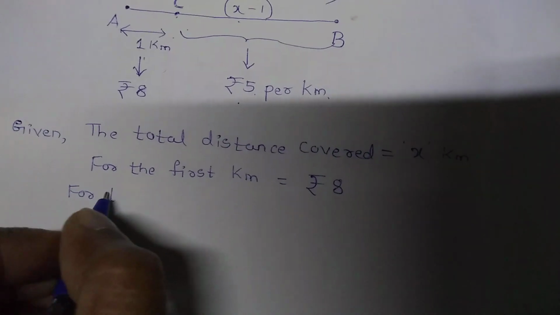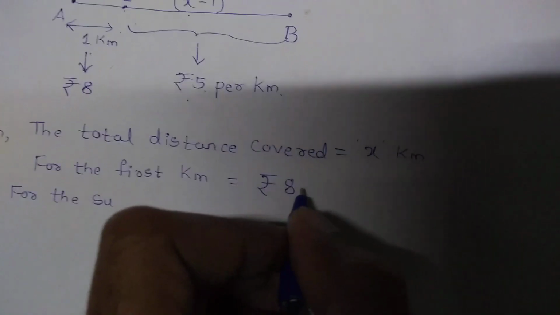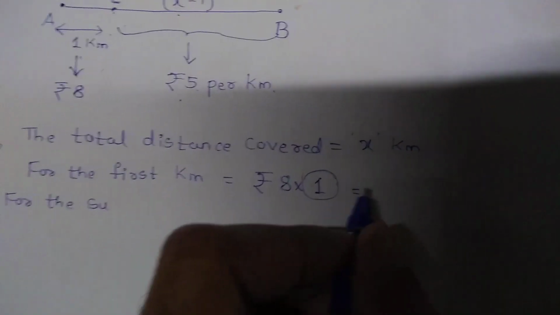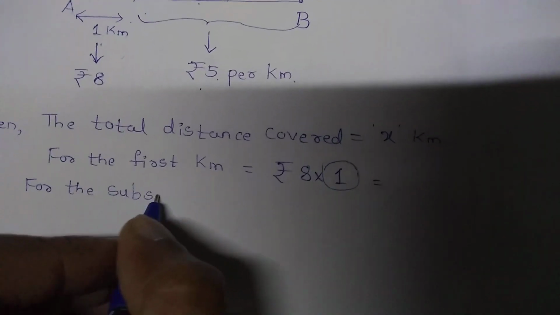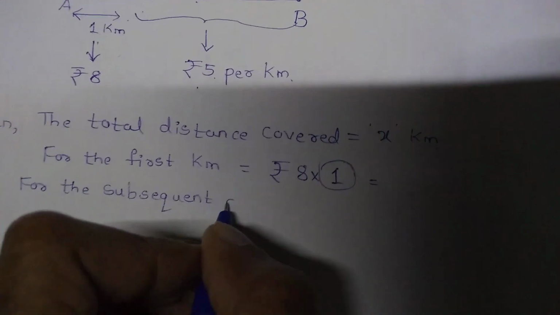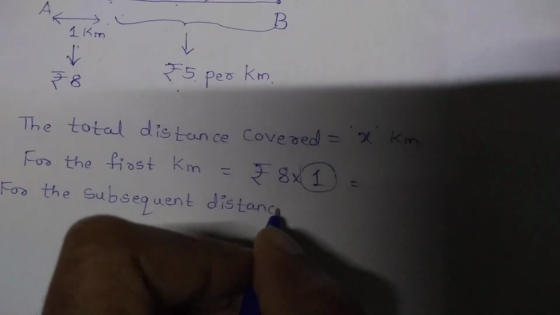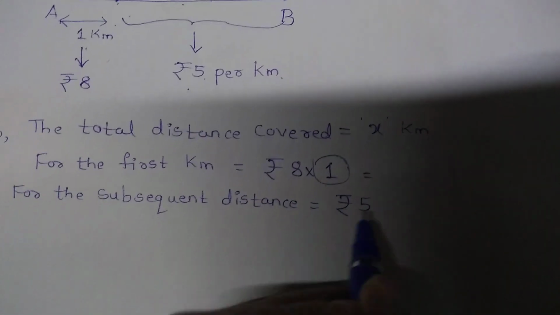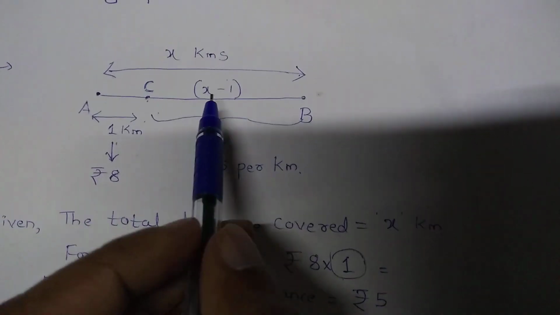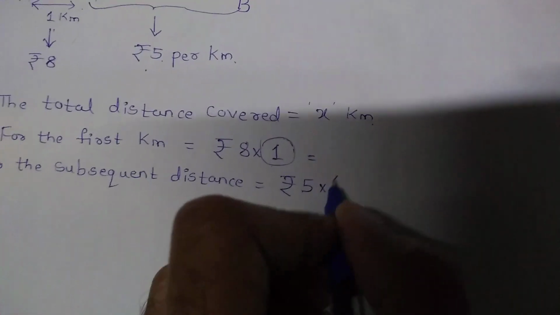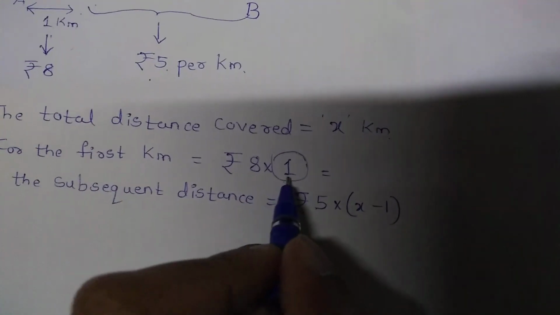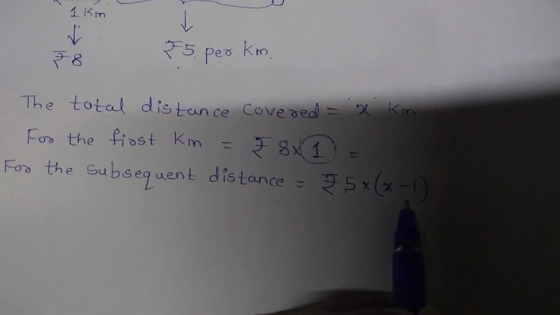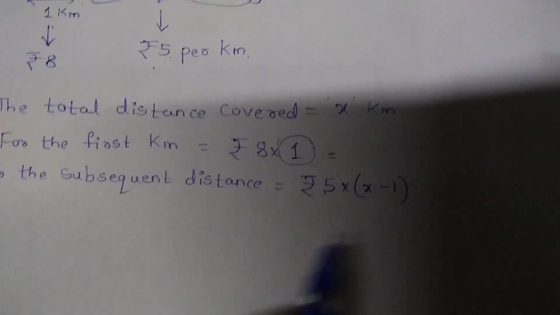That is 8 into 1, which is nothing but again 8. For the subsequent distance, the fare is rupees 5, so we multiply 5 by the subsequent distance, x minus 1 kilometers, giving 5 into x minus 1. We multiplied 8 by 1 because it was for the first kilometer, and now we multiply 5 by the subsequent distance.